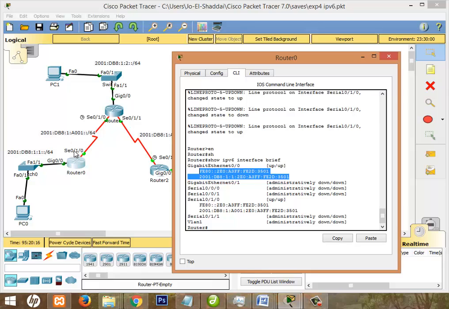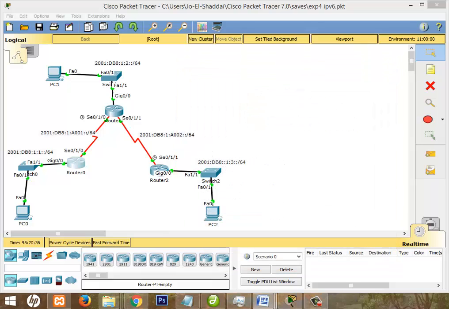Similarly, for this interface, serial 0/0, sorry, 1/0, you can see the details here. Since in this topology we don't need any other interfaces, we have not used them. Other interfaces are administratively down, and only these particular interfaces are up and in working condition. So that's about the interfaces.